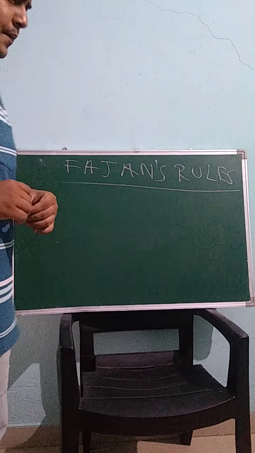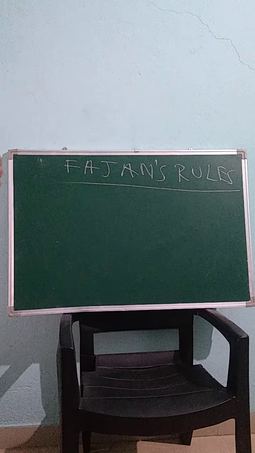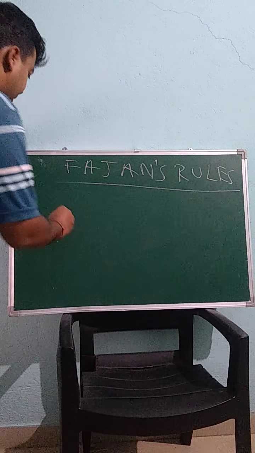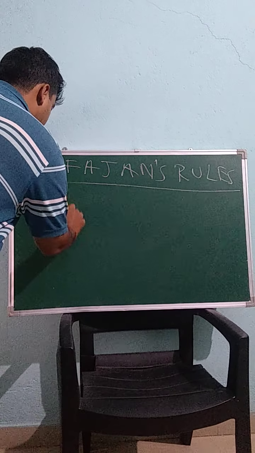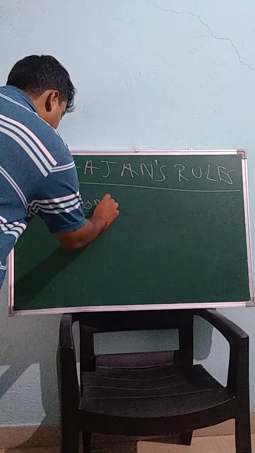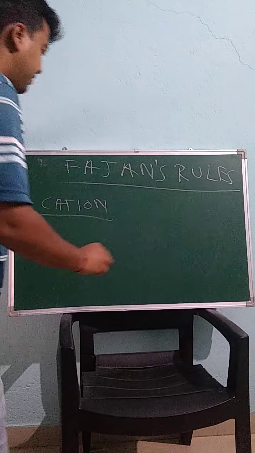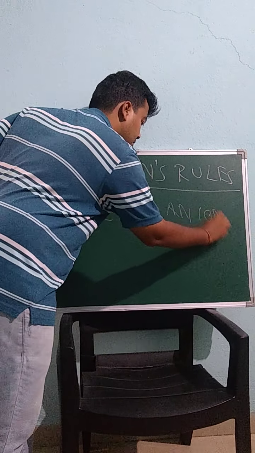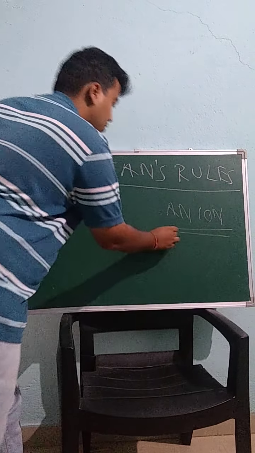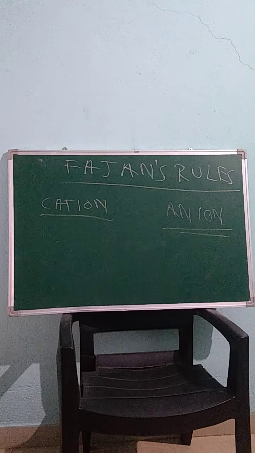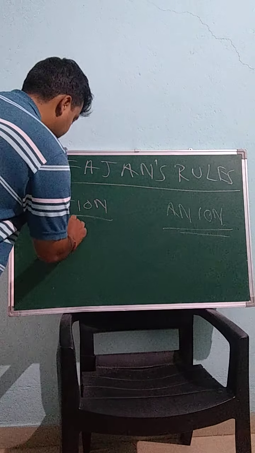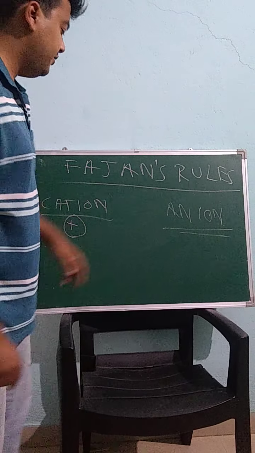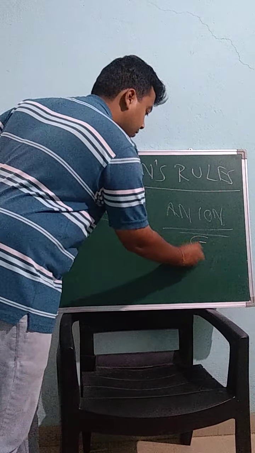Before going to the rules, let's define some terms. The first one is cation, and the second one is anion. Cation is a positively charged ion, and anion is a negatively charged ion.